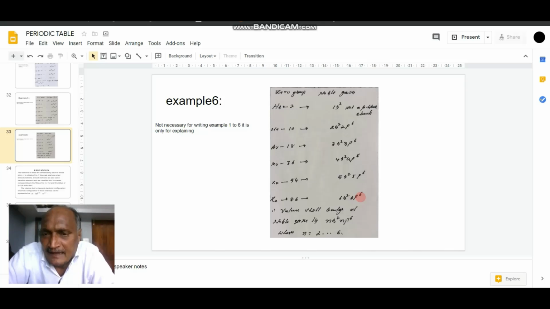Hence, the noble gases except helium belong to the p block. Hence, the general electronic configuration of the noble gases can be represented as ns2 np6, where n equal to 2 to 6. So this is all about the classification of elements into s as well as p blocks with an example.